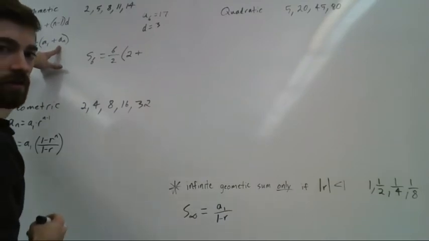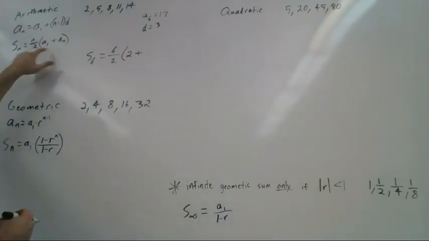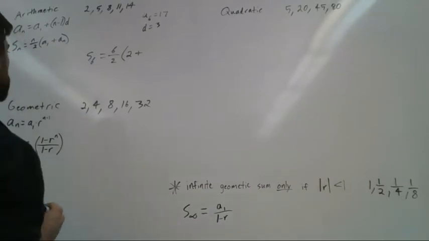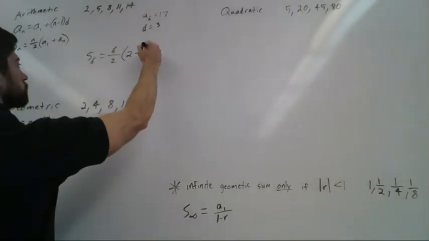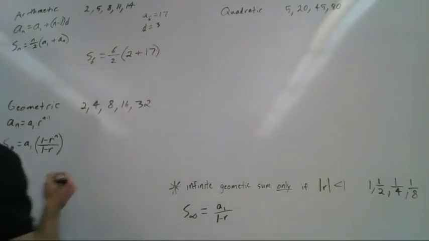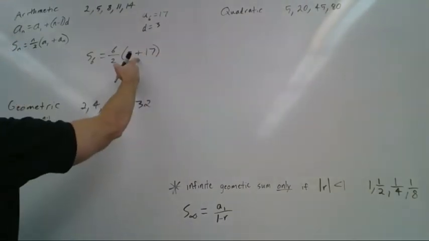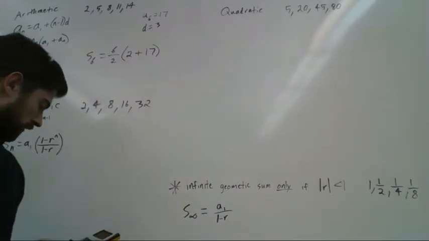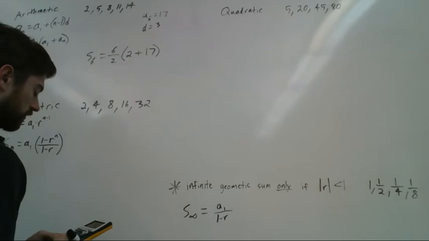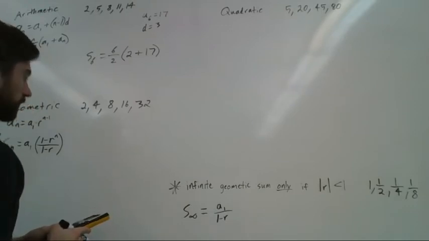What you may have noticed here is that for us to find the summation, we need to find the value of a_n first. So you may be asked to find the summation. Know that you may have to do this formula first to get that term before you can proceed. We already have a_6 from before, equal to 17. So we can just plug it in. That will be 19 times 6. Let's see what that ends up being. 19 times 6 is 114. Divided by 2 is 57.